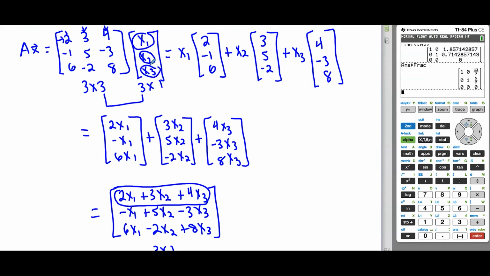So if you think of the rows of A being vectors, called row vectors, then this should be familiar to you. If you've studied vectors in another class, this would be called a dot product.